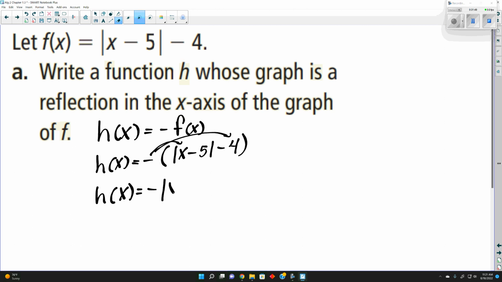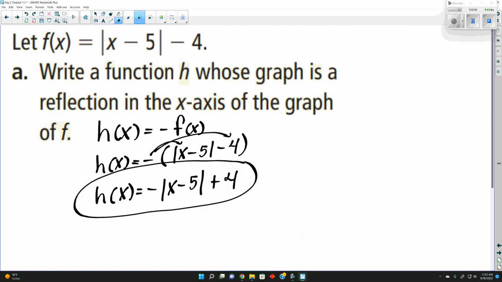Negative times a negative is a positive. So we're multiplying the absolute value by the negative, so it's just negative absolute value of x minus 5. Then the negative times negative 4, the negative and negative make a plus, and we have plus 4. Questions on this here?